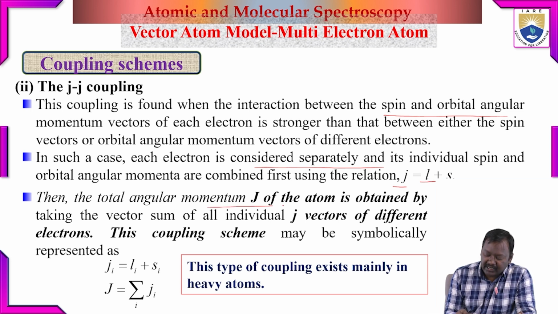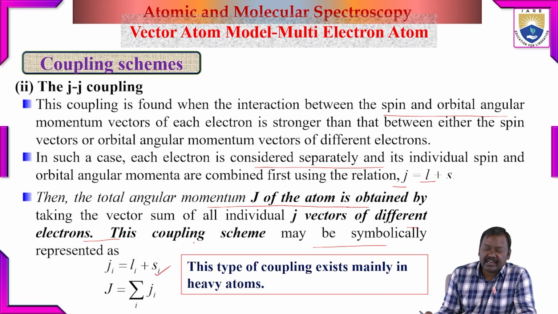So the total angular momentum J of the atom is obtained by taking the vector sum of all individual J vectors of different electrons. This coupling scheme may be symbolically represented as Ji equal to Li plus Si, where J equals the summation of Ji. So the individual electrons' total angular momenta are added, and then all of them are added to give the total angular momentum of the entire atom.